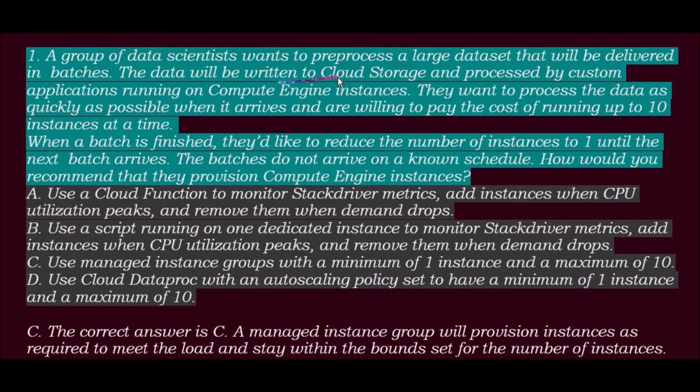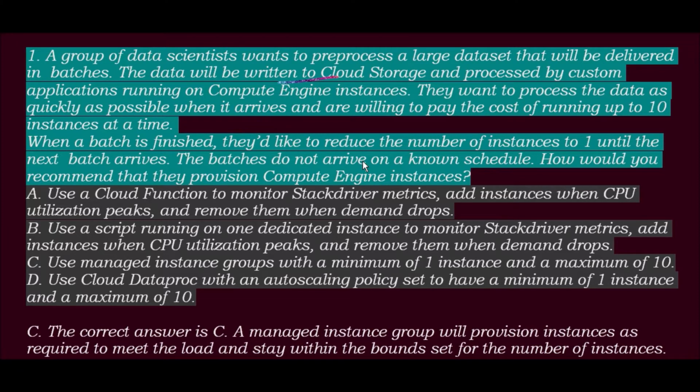When a batch is finished, they would like to reduce the number of instances to 1 until the next batch arrives. The batches don't arrive on a known schedule. How would you recommend that they provision Compute Engine instances?